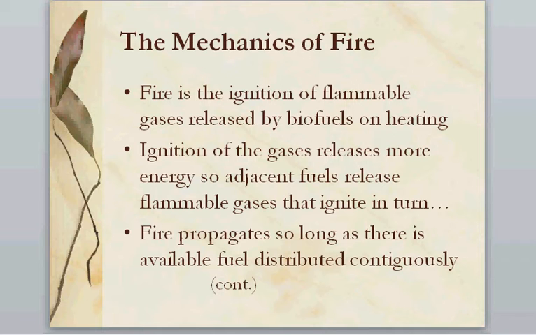So we can define fire as the ignition of flammable gases, usually carbohydrate type gases like methane, released by biofuels, and biofuels would be organic matter, most usually in the case of natural ecosystems, plant material like dead leaves and so on, on heating. So fire is the ignition of flammable gases released by biofuels on heating.